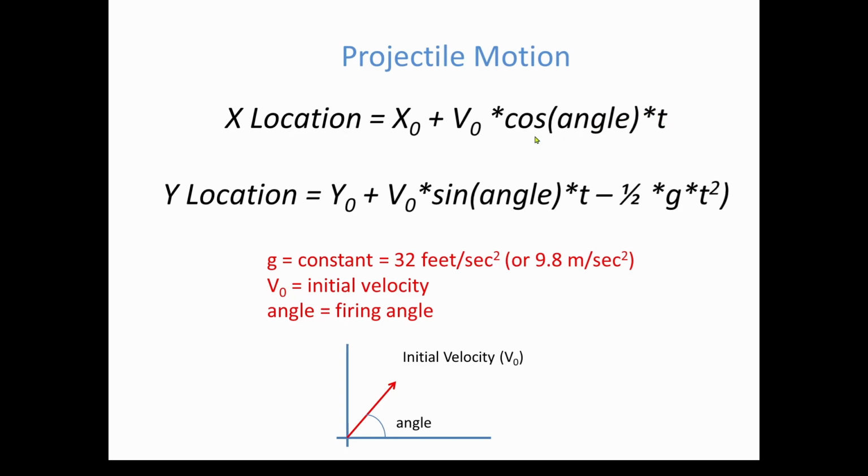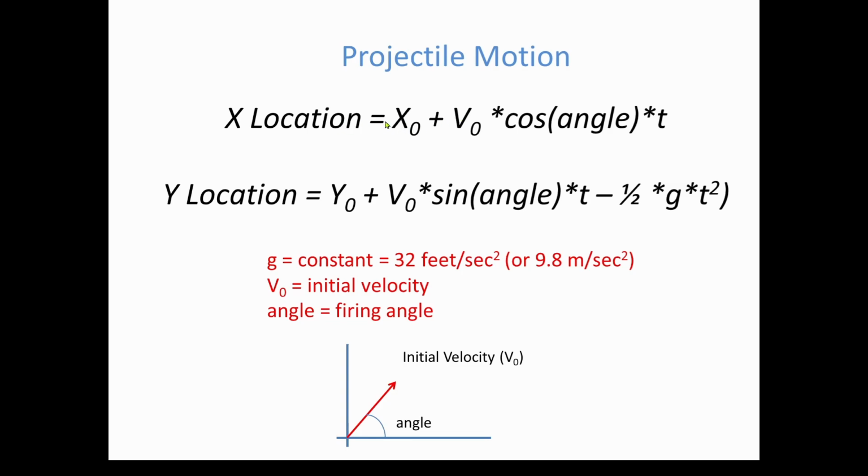At time 0, it's at the initial position. And as you add time to it, you're going to get a bigger factor here. Now, if the initial velocity is 0, then the x location isn't going to change, because 0 times this is going to be 0, and all you've got is the x0 location. So if there's no initial velocity, it's not going to move.